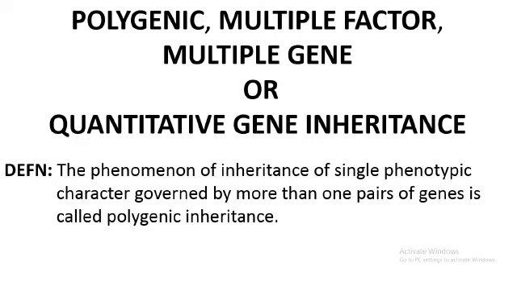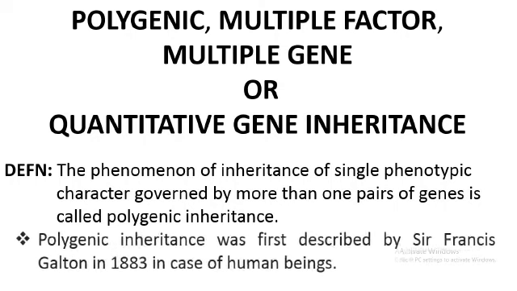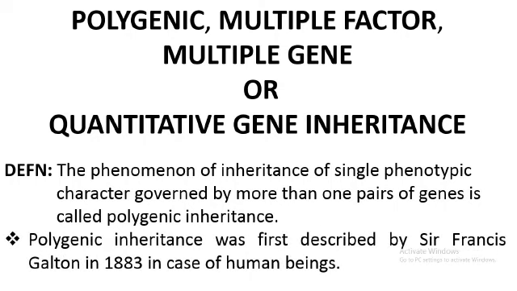So here, for example, we have skin color in man. Skin coloration is one character. It is controlled by many genes. So that condition is what we call polygenic inheritance. This concept of polygenic inheritance was first described by Sir Francis Galton in 1883 in human beings.